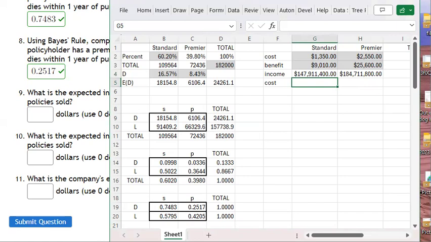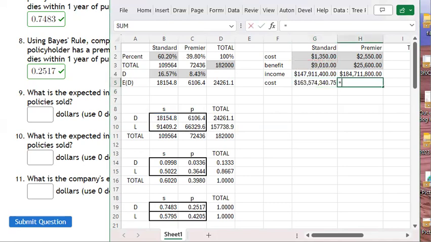To calculate the cost, we have to multiply the number of people who died with a standard insurance policy by the benefit, right? The insurance benefit that the deceased estate gets when they pass. So we're multiplying by a different number. We're multiplying by the number of people who died with a standard policy.